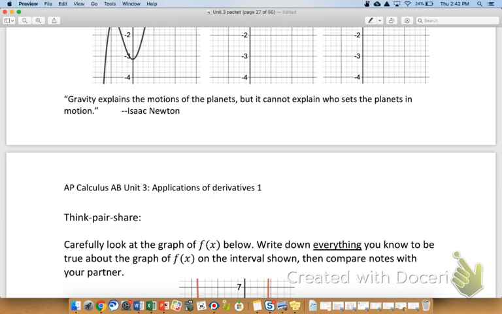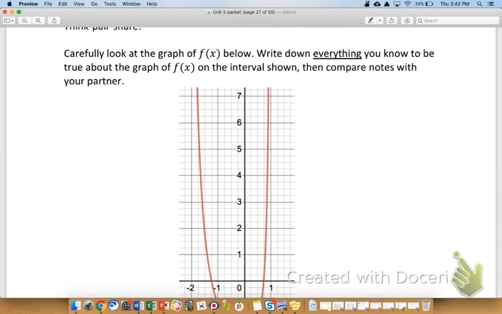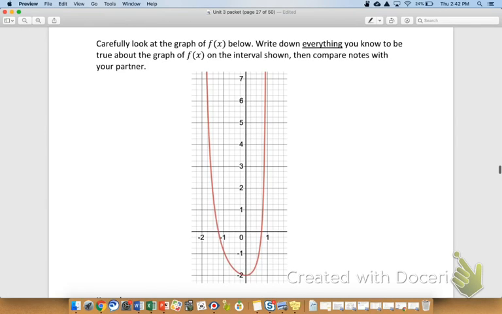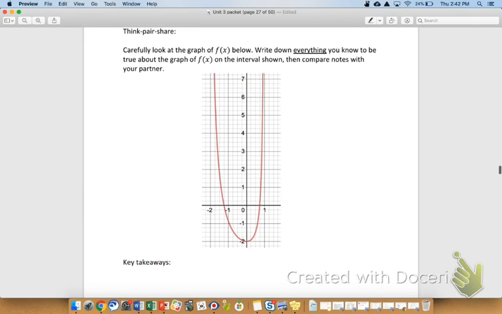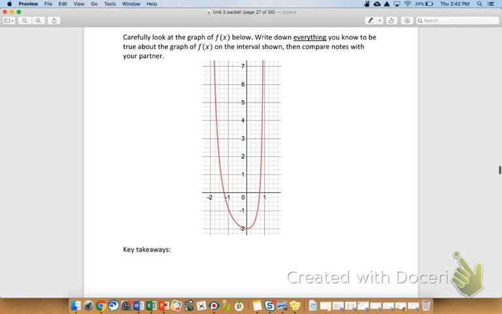To the answers to our question. It says, carefully look at the graph of f of x below. Please write down everything you know to be true about the graph of f of x on the interval shown. Then compare notes with your partner, and then we'll share together. We'll get some key takeaways at the end as well. So let's take 2 minutes right now.